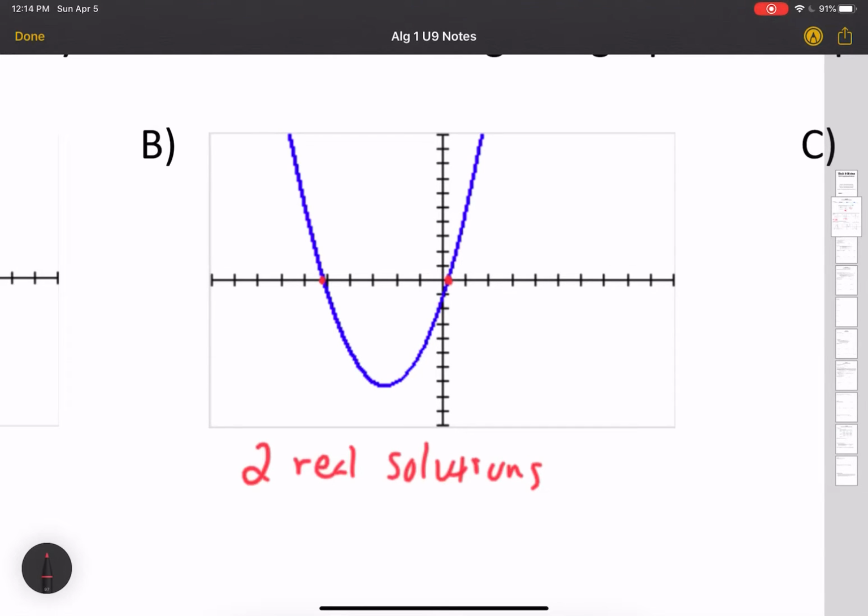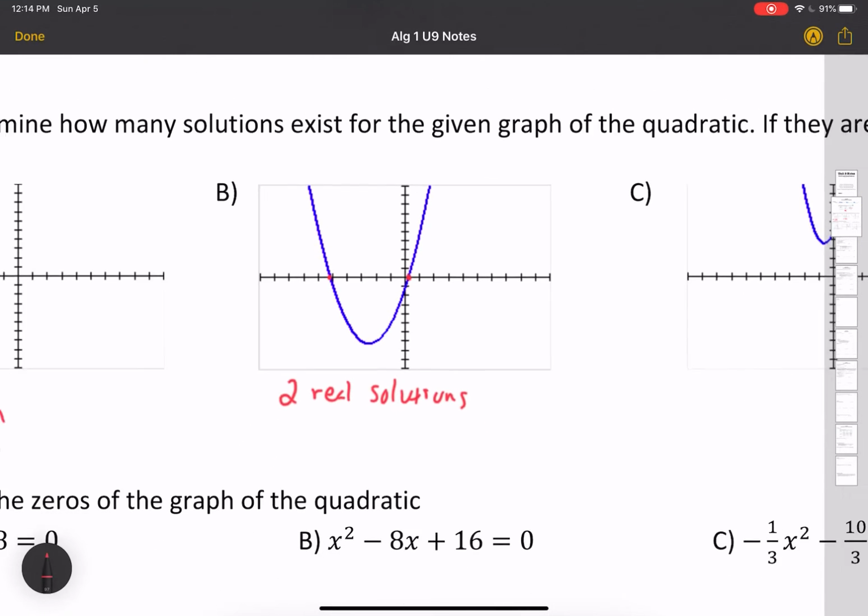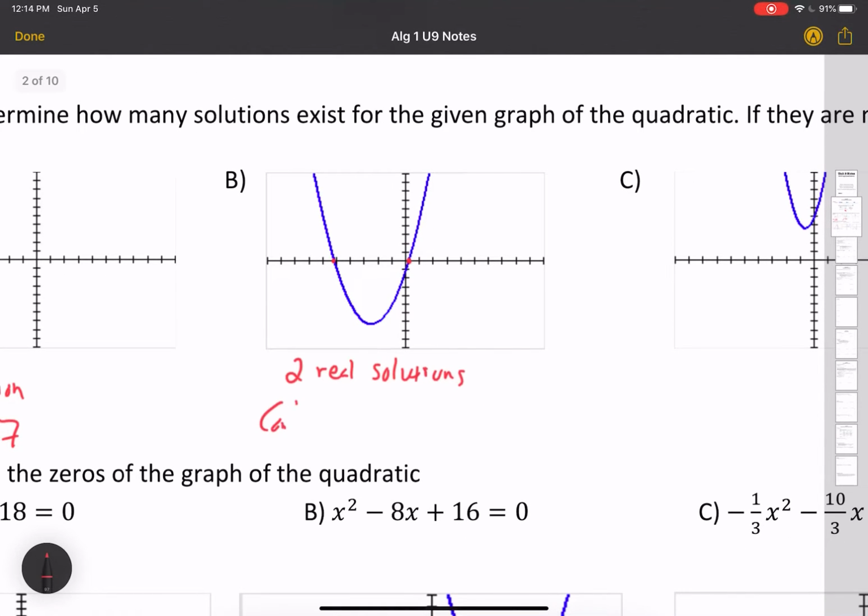So we can't determine exactly what they are. We would need our graphing calculators, or if we wait a couple days to get into this unit, we're going to figure out an algebraic way to figure out what those values are. But we can tell that there are 2 real solutions.